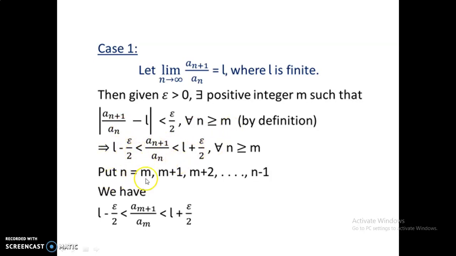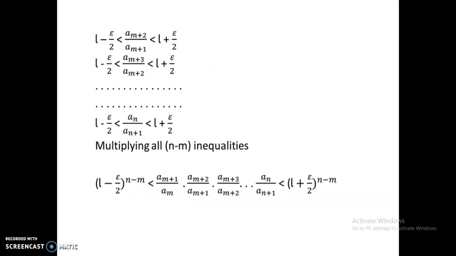Then put n equal to m plus 1, m plus 2 and so on, up to n minus 1. We have taken that here. Already we have m plus 1 by m, and we take it up to this term, and then we can multiply all the n minus 1 inequalities.